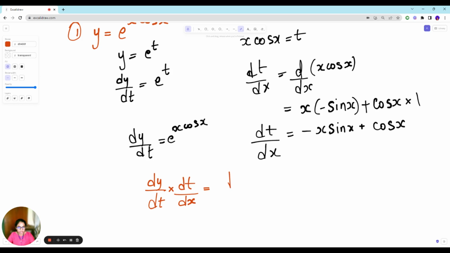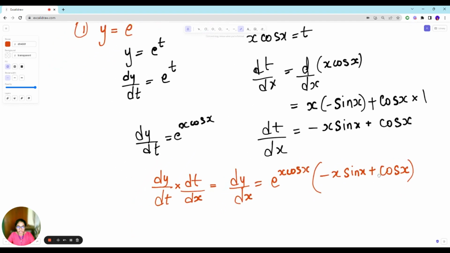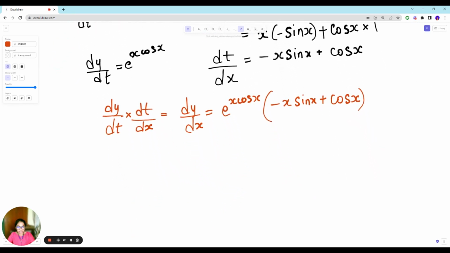This is equal to dy by dx, which is equal to, substitute the dy by dt value, that is e power x cos x, into the dt by dx value, that is minus x sin x plus cos x. Okay, so this is our derivative of the given question.